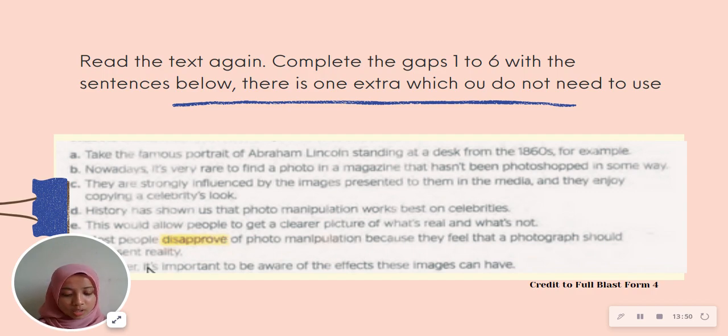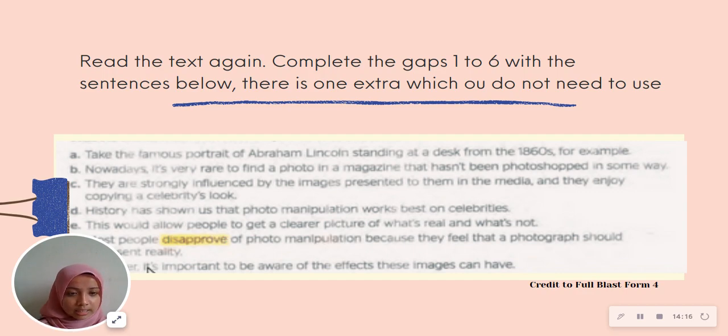The next one is G: however, it's important to be aware of the effects these images can have. Then C: they are strongly influenced by the images presented to them in the media and they enjoy copying a celebrity's look. Last but not least is E: this will allow people to get a clearer picture of what's real and what's not.